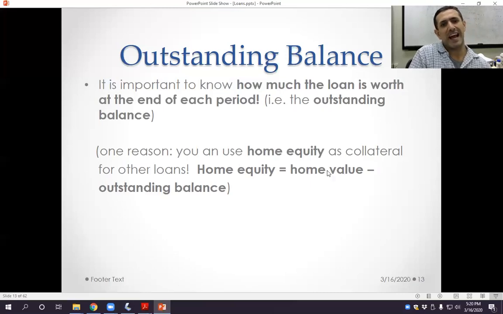Maybe not exactly, but practically speaking, it's roughly how much you can sell the house for minus how much you owe on your mortgage. It's a very practical way to describe the real value of your house.